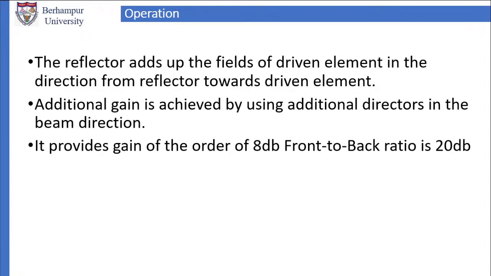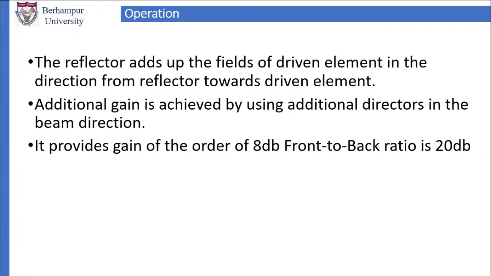Now let us consider the operation. The reflector adapts the fields of the driven element in the direction from the reflector towards the driven element. Additional gain is achieved by using additional directors in the beam direction.